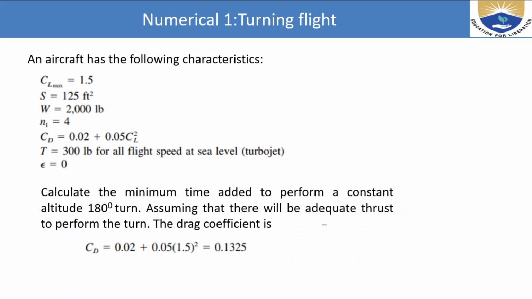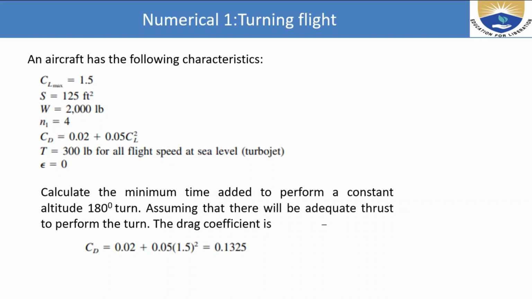Calculate the minimum time needed to perform a constant altitude 180 degree turn, assuming that there will be adequate thrust to perform that turn. The drag coefficient is CD, it is 0.02 plus 0.05 CL square.